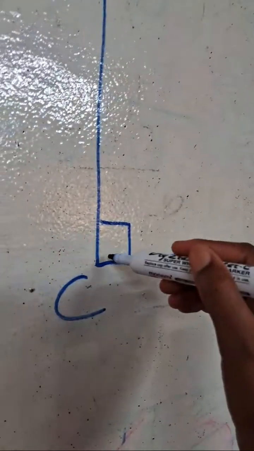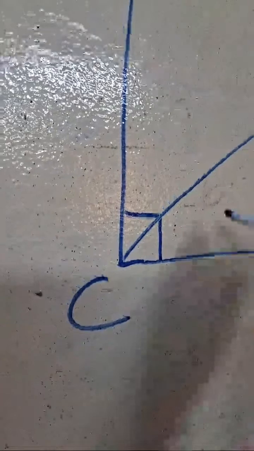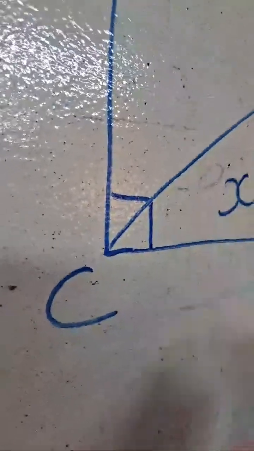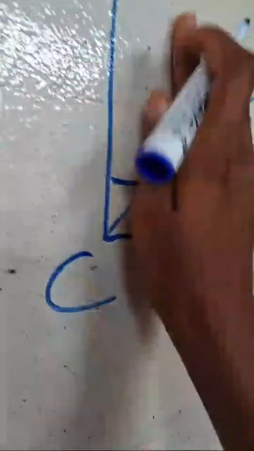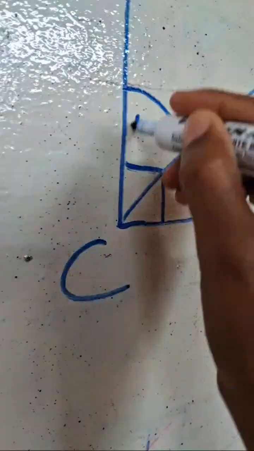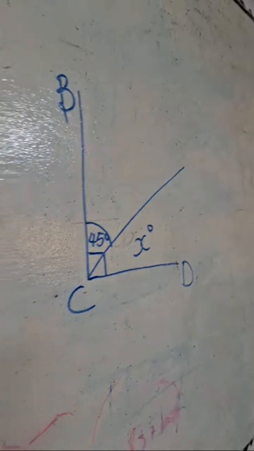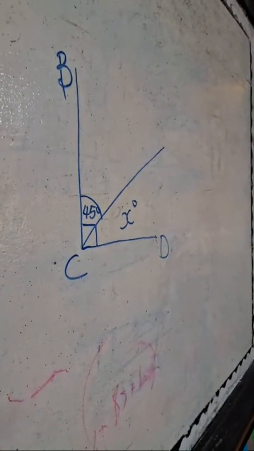Alright, so we're going to put in an angle right here, and we're going to call it X degrees. We don't know that one, but here we're going to put 45 degrees. Alright, so it is a right angle.